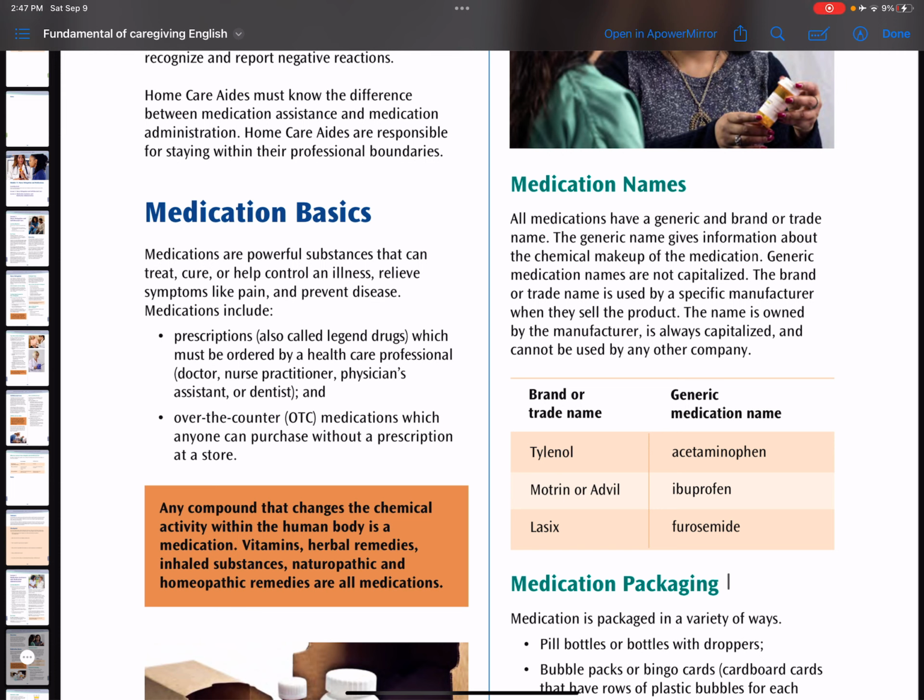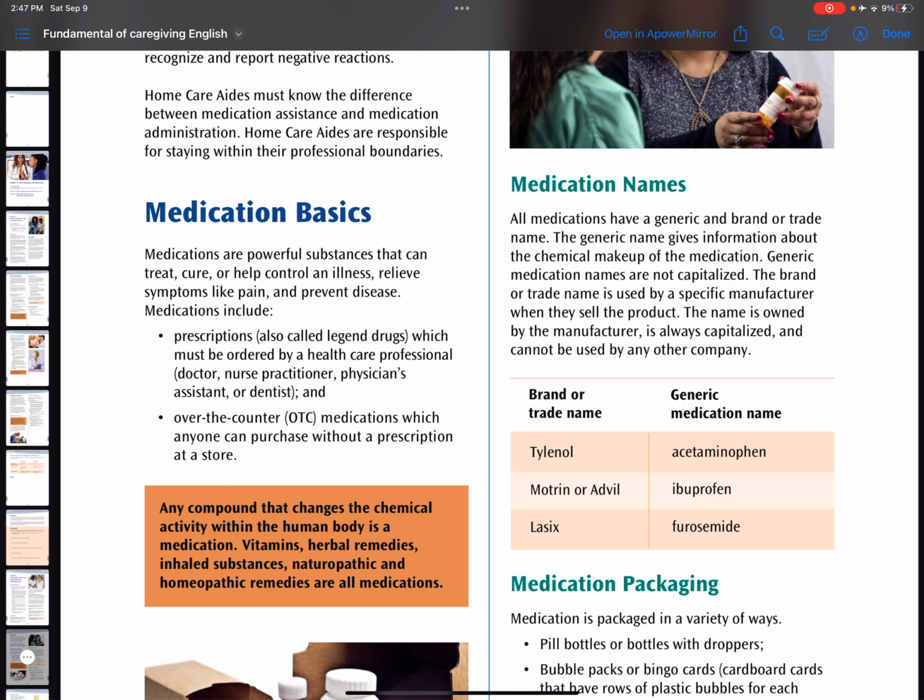These are the generic names. The brand names are usually capitalized, like Tylenol, Motrin, Lasix. These are used by specific manufacturers when they sell the product. The name is owned by the manufacturer all the time. It cannot be used by any other company.